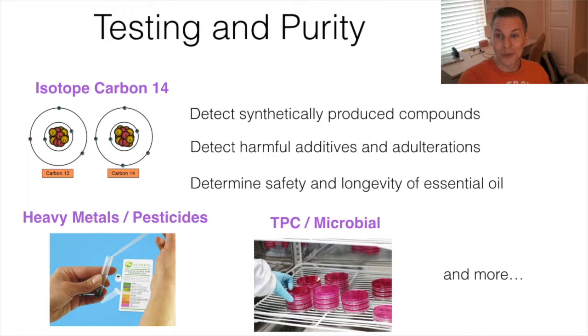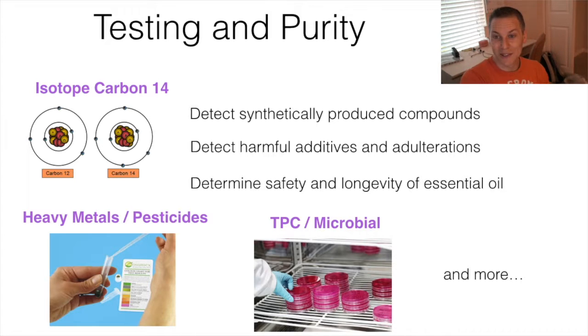Synthetically produced essential oil compounds use carbon from sources that are sometimes very old or inorganic, and the test will illustrate this. So we're testing how old it is, and we can tell whether it's been made in a lab or whether it's been made by nature.